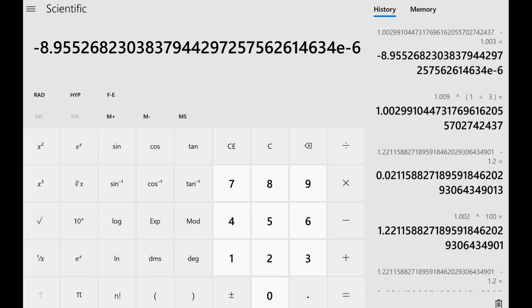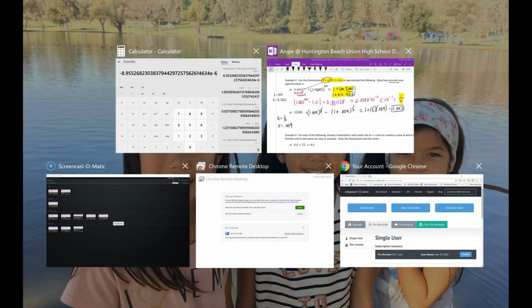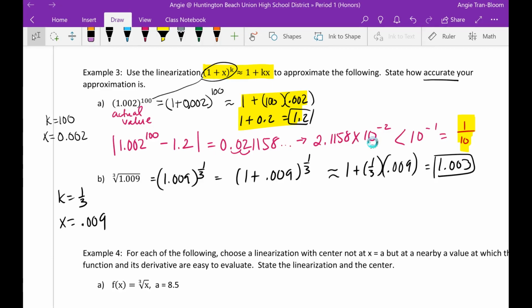That gives me a negative number, but remember, the difference is an absolute value, so you don't need to worry about the negative sign. So the difference in approximation is 8.955 times 10 to the negative 6.